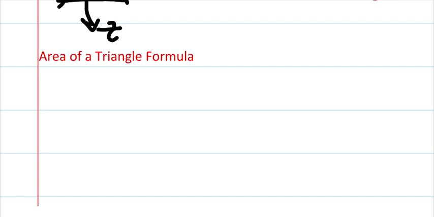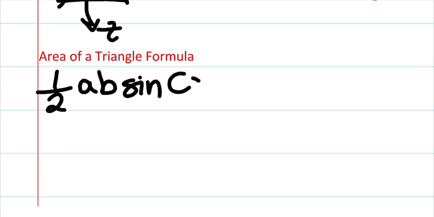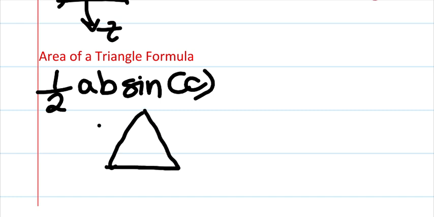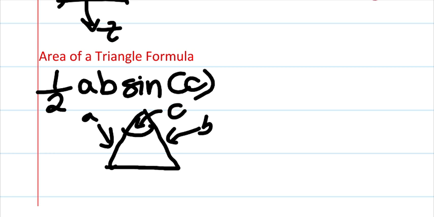The area of any triangle is 1/2 ab sine of C, where in a triangle you'll have sides a, b, and the angle between them is what we'll call C. It works because the sine function gives the height of the triangle, regardless of whether it's right angled or not.